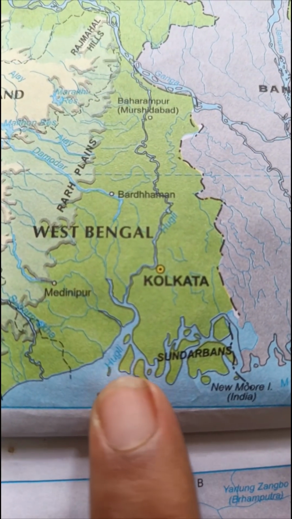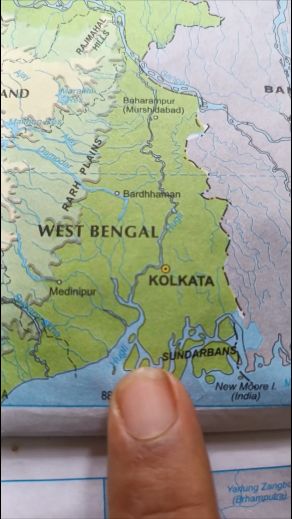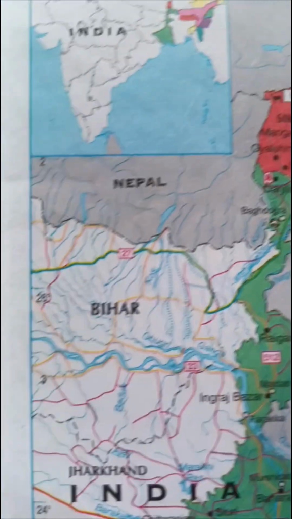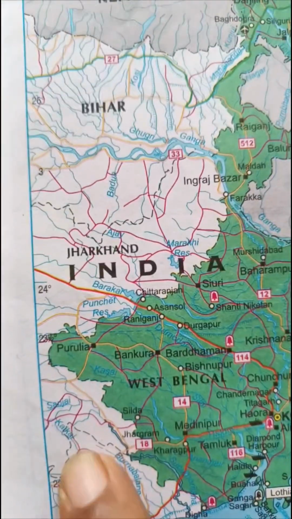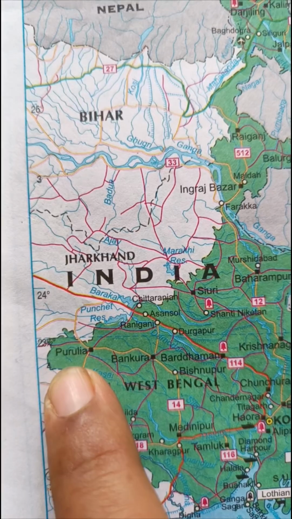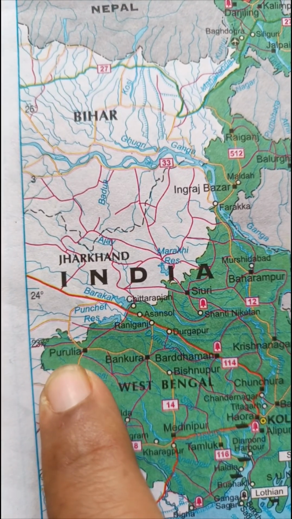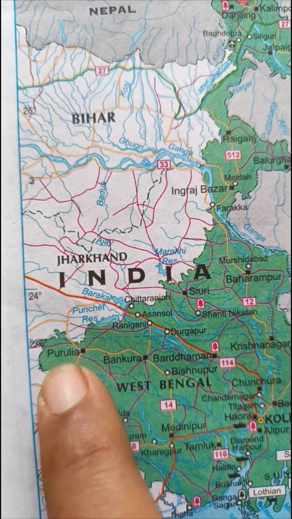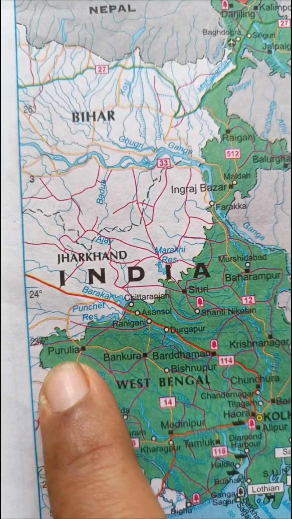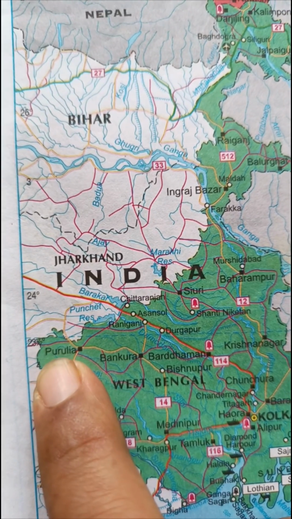So his Kapil Muni Ashram will also be here, and in the Purulia district that we saw in the earlier map. According to local belief, Kapil Muni was born in a place known as Jhalda, which is located in Purulia.